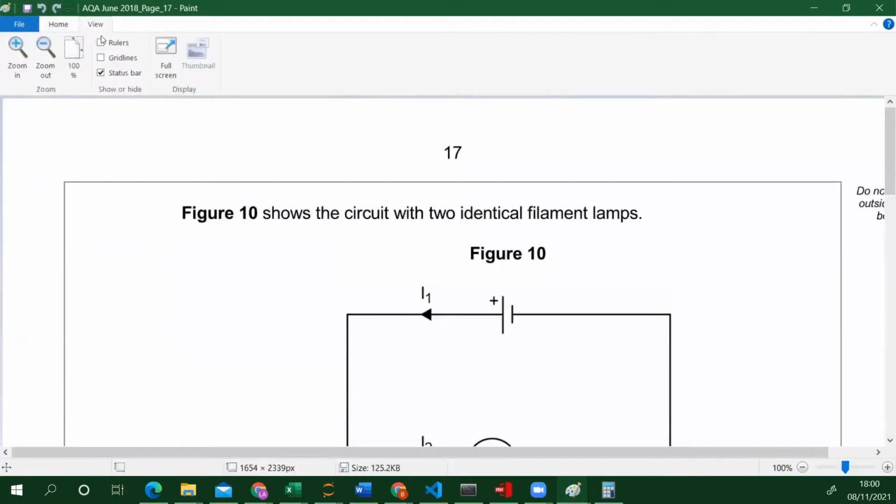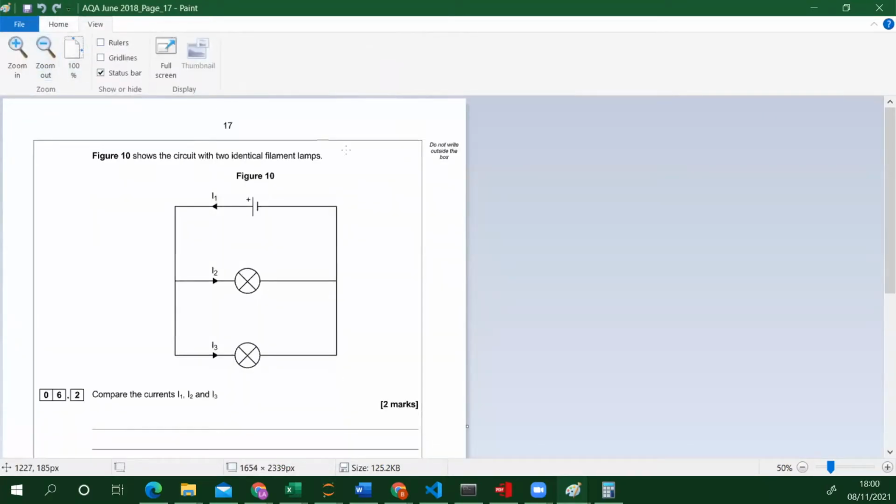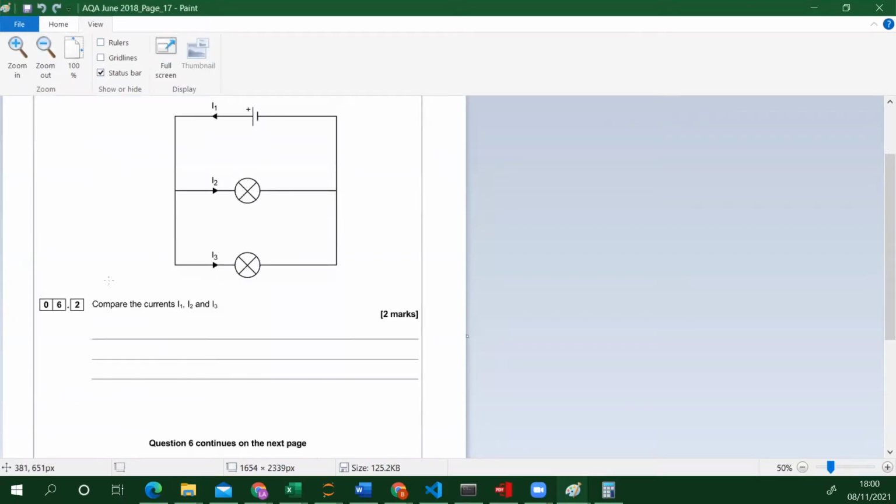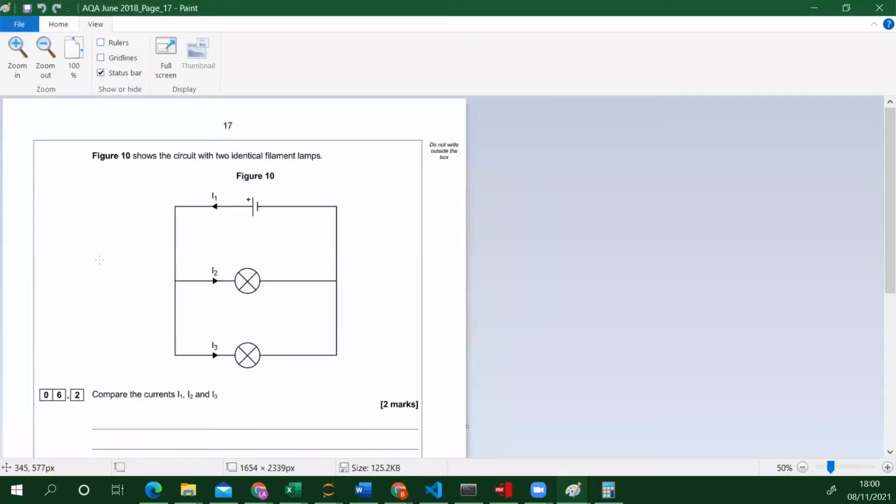Figure 10 shows a circuit with two identical, exactly the same, filament lamps. We've got a cell, and currents I1, I2 and I3. Compare the currents I1, I2 and I3. This is a parallel circuit, that's important, not series.